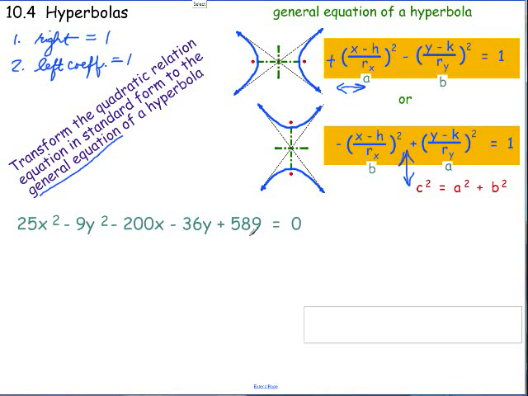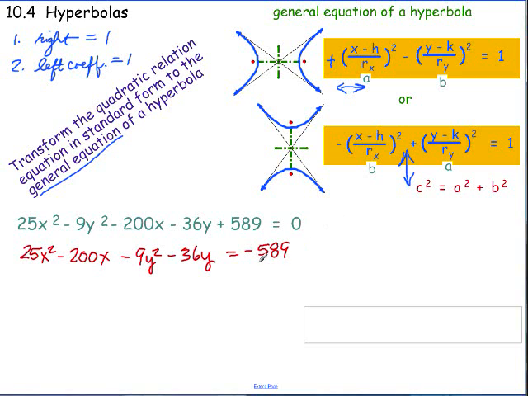So I'm going to start by subtracting 589, and that'll give us 25x squared. The other thing I'm going to do right now is I'm going to put my x terms together, minus 200x, and I'll put my y terms together, minus 9y squared minus 36y equals negative 589.